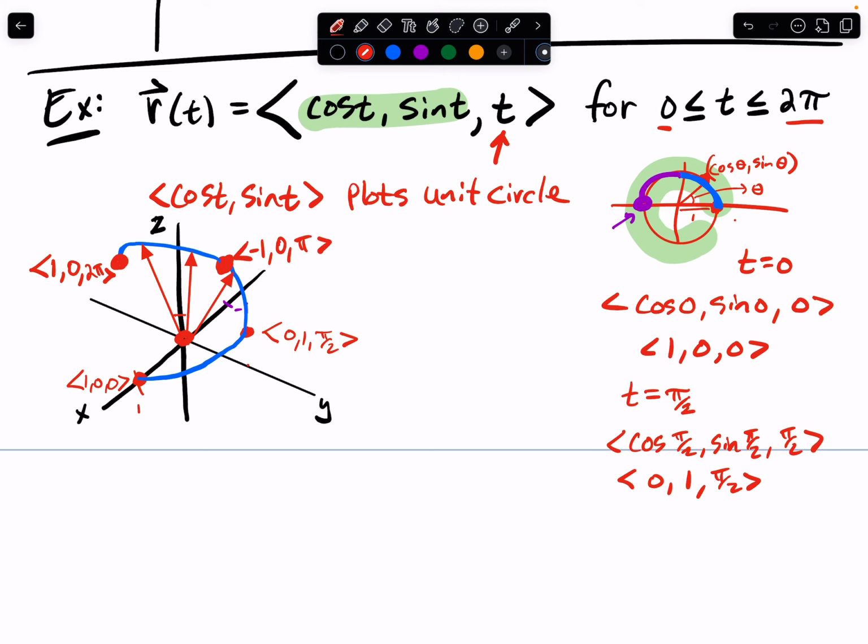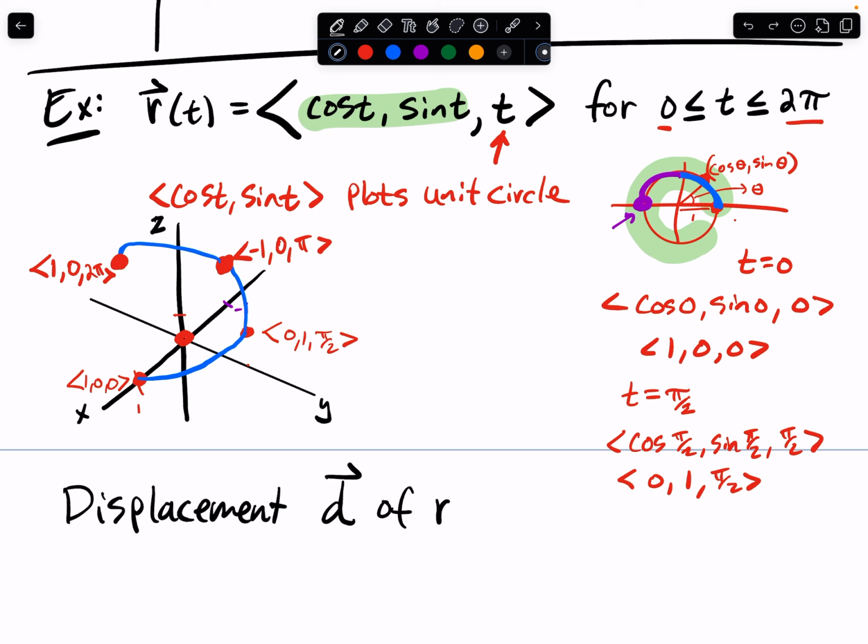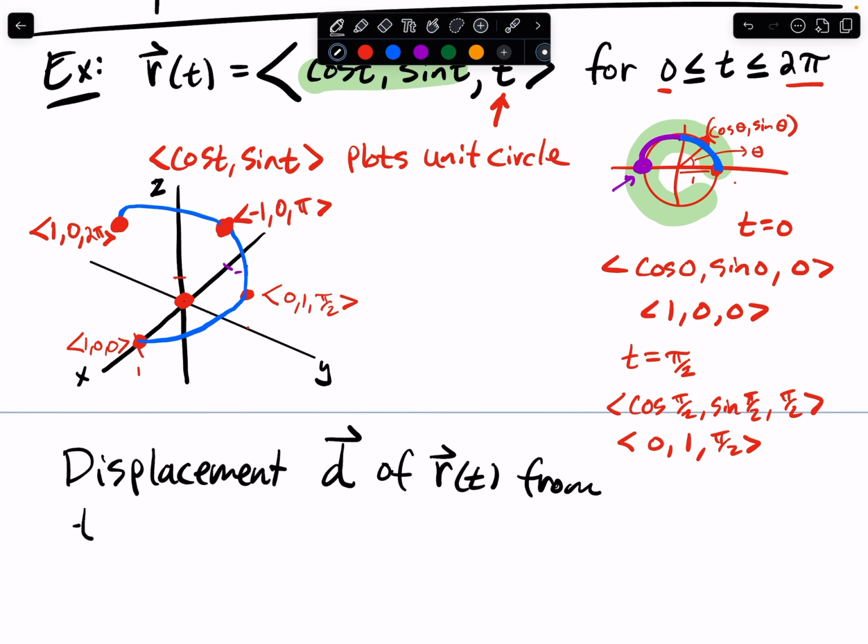So let's talk about displacement for a second. What is displacement? Displacement, d of r of t from t equal t naught to t equal t1 is equal to what?